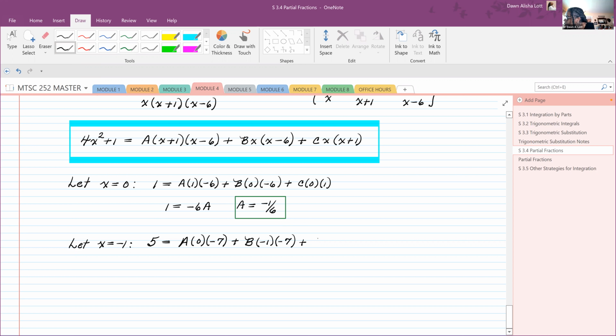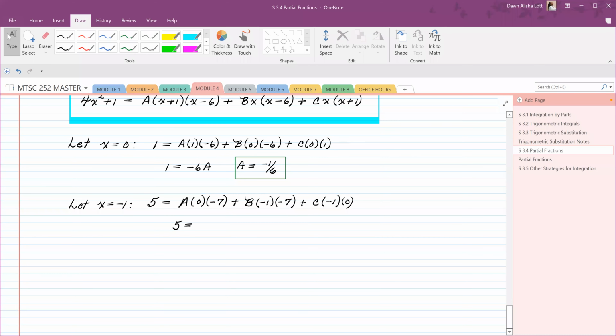Plus C times -1, and then you put in -1 and you get 0. Good. So now we end up with 5 is equal to, and what's the only thing that survives? B, which is 7B. So B is equal to what? The answer is going to be 5/7. Okay. All right, so now we found B.